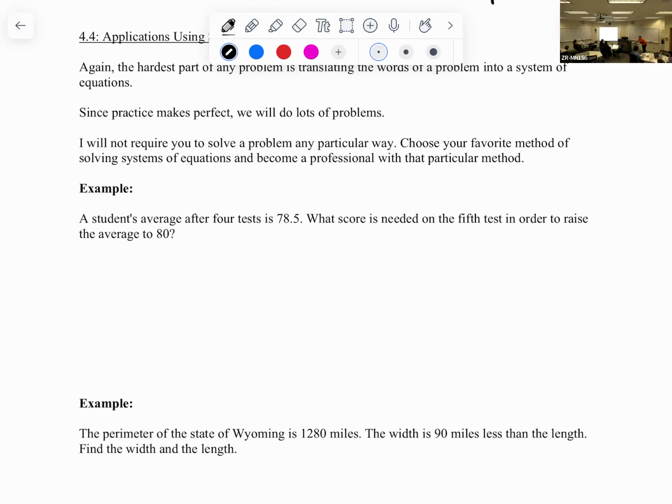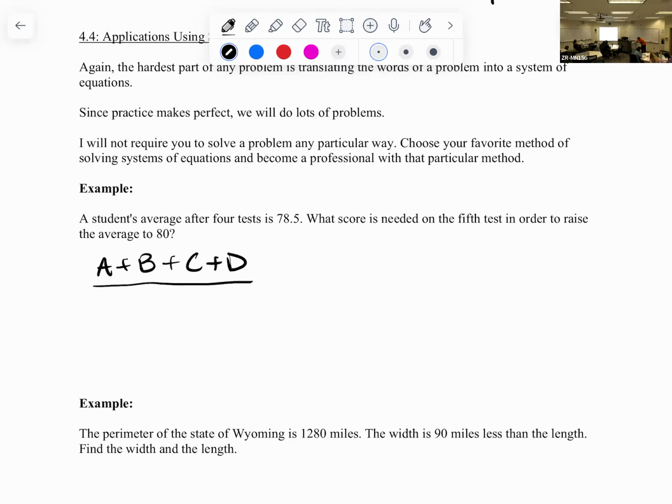So if I have 4 tests averaging 78.5, help me out, how do I set this up? It would be x plus x plus x plus x, divided by 4. Well, x, A, B, C, D. Definitely can't call them all X's because that just becomes 4X. And since X is already way at the end of the alphabet, let's start at the beginning.